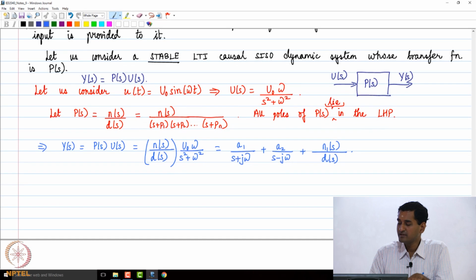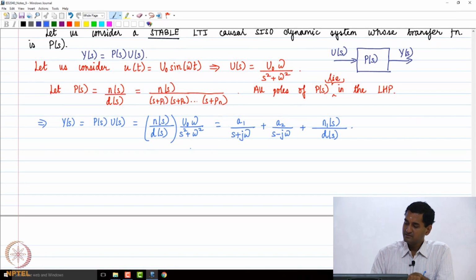So, I get a2 by s minus j omega plus some n1 of s, whatever is left behind, divided by d of s. D of s is the original denominator polynomial, s plus p1 all the way till s plus pn. So, that is my output. Please note that this is P of s. Please remember that.